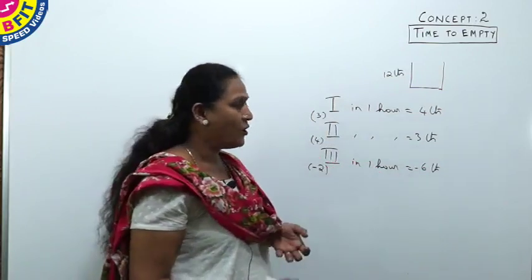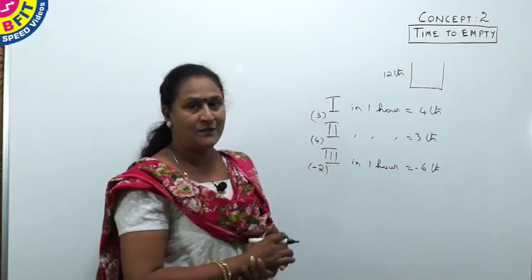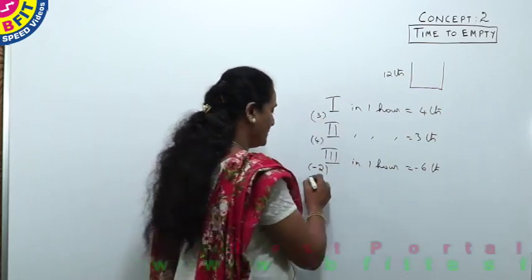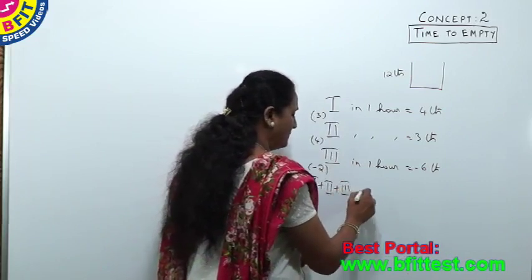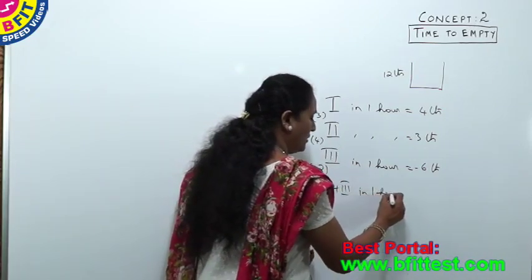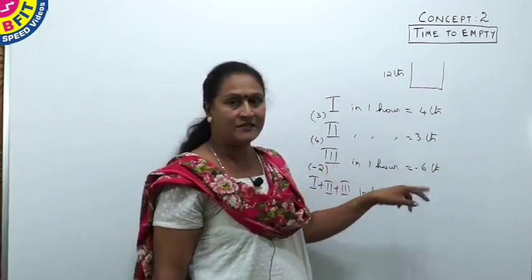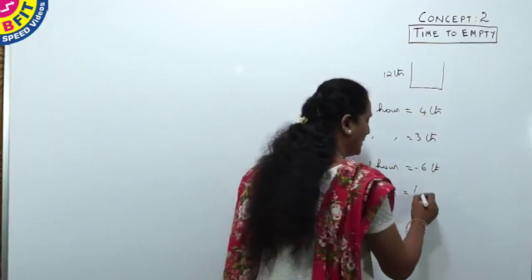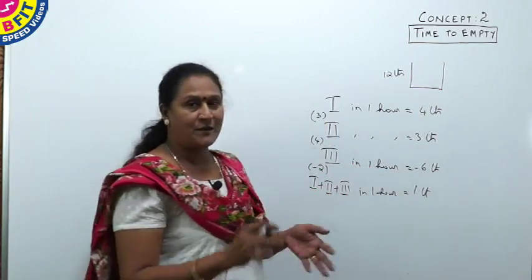So effectively, how much water will be in the cistern when all these 3 taps are open? In 1 hour, 4 plus 3, 7 minus 6, it is 1. So there will be only 1 liter of water in the cistern when all the 3 pipes are open.